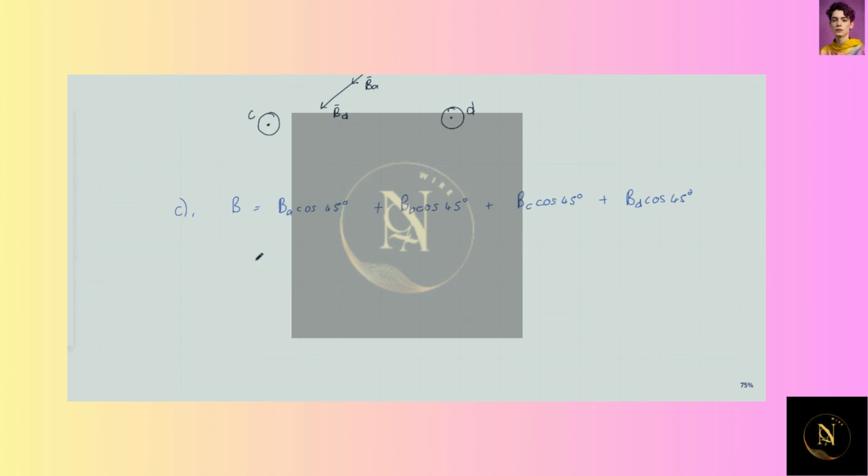But these magnetic field strengths are all the same since the currents are the same. So we can write this as 4 times BA times the cosine of 45 degrees.